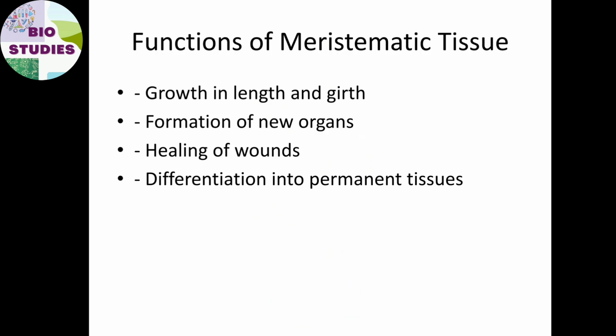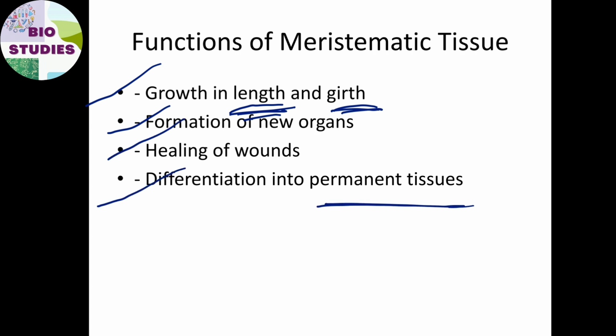Alright. Now what are the functions of meristematic tissues? First, growth in length. Apical meristem is responsible for growth in length. For girth, lateral meristem is responsible. Formation of new organs, right? Healing of the wounds, differentiation into the permanent tissues.